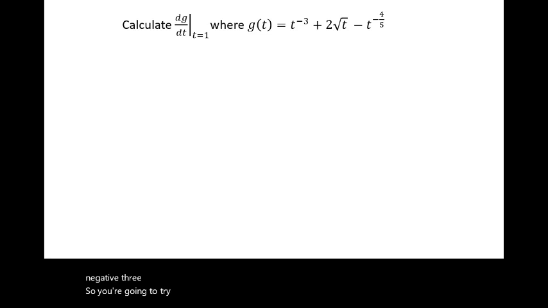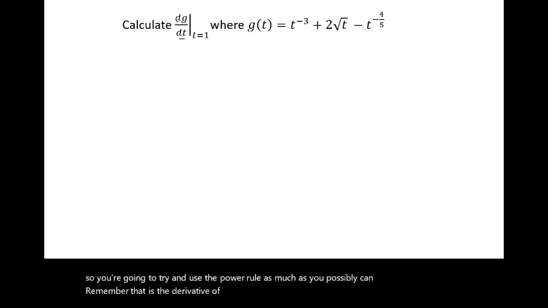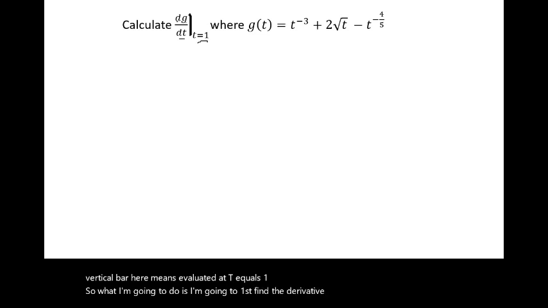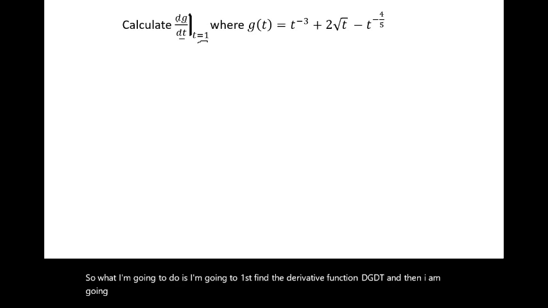So for this next one, let's test our Leibniz's notation. We're going to calculate dg dt. Remember, that is the derivative of the function called g with respect to the variable t. This vertical bar here means evaluated at t equals 1. So what I'm going to do is first find the derivative function dg dt, and then evaluate it at t equals 1.